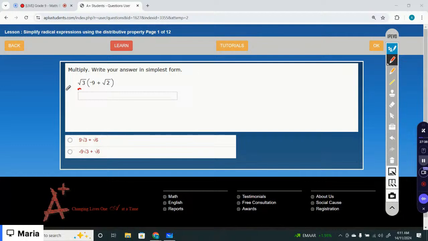You need to multiply square root 3 with everything that is inside the bracket. So negative 9 times square root 3 is negative 9 square root 3. Square root 3 times square root 2, you have to multiply them, 3 times 2, you have plus here, sorry. So that is negative 9 square root 3 plus square root 6.